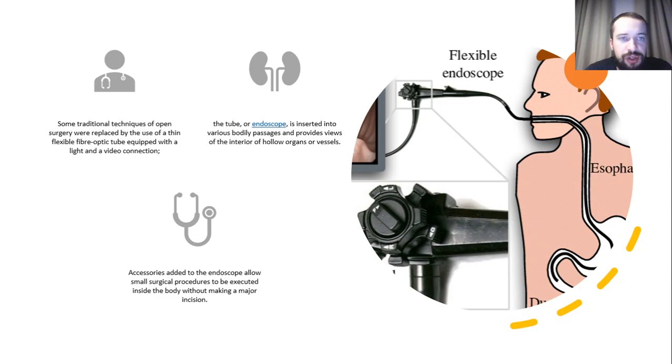Some traditional techniques of open surgery were replaced by the use of a thin, flexible fiber optic tube equipped with a light and a video connection. The tube, or endoscope, is inserted into various bodily passages and provides a view of the interior of hollow organs or vessels. Accessories added to the endoscope allow surgical procedures to be executed inside the body without making a major incision.